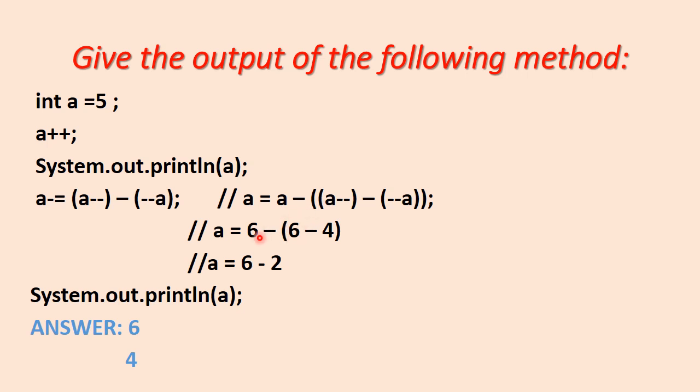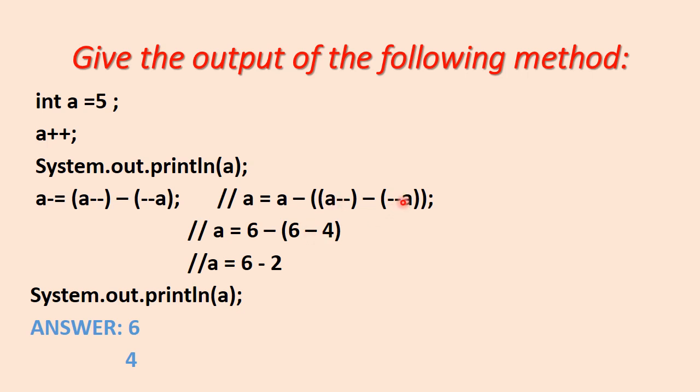After the decrement of a, 6 minus 1, it becomes 5. First it will use 6, and after that it will decrease by 1. So 6 minus 1, 5.